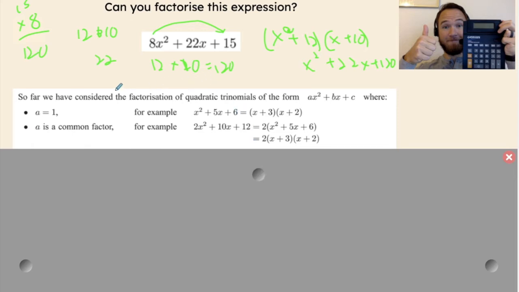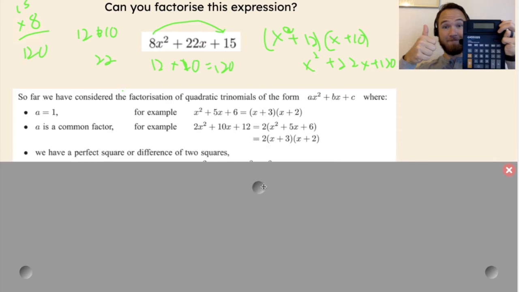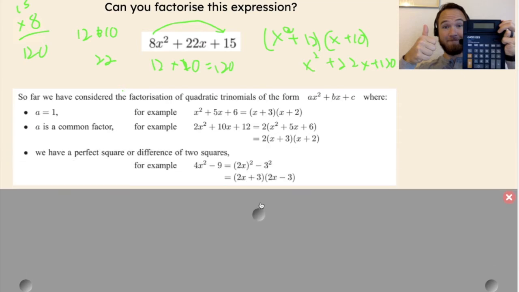So we've done things like this, all right? However, if a is a common factor, we could take it out. So if we had 2, 10, and 12, we could take out the 2, and then we're left with something like this. Not a problem. And then we have perfect squares.